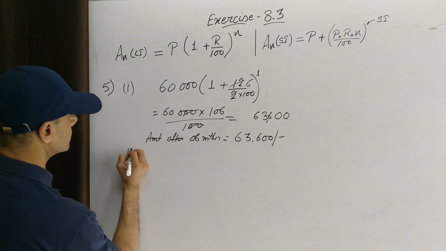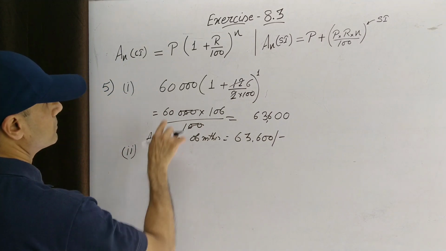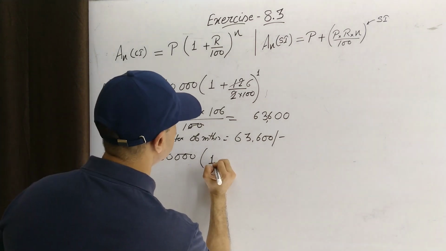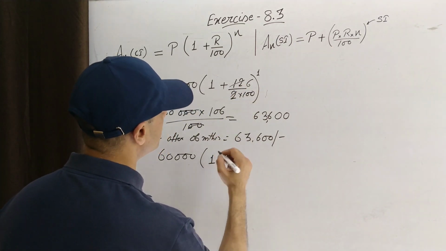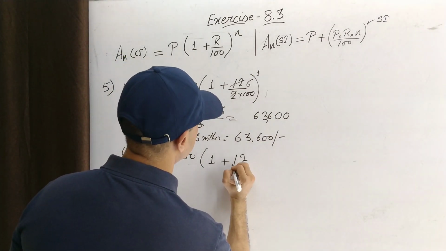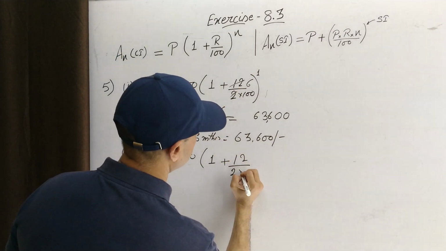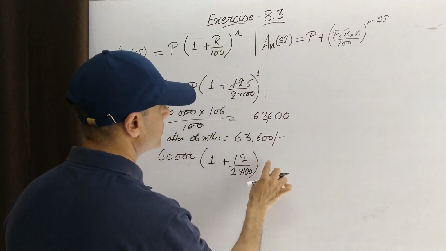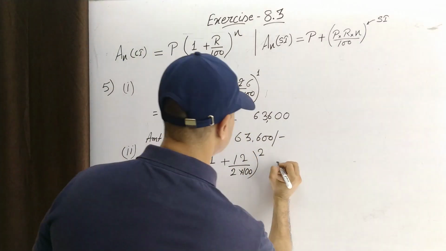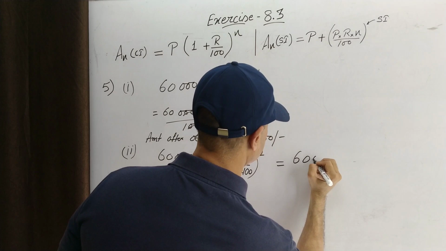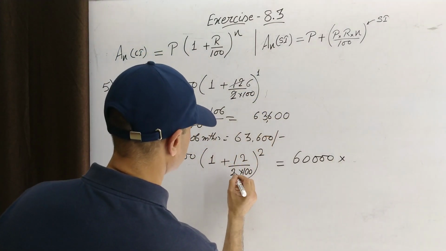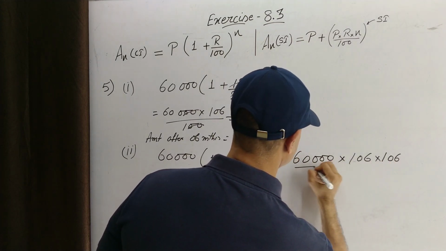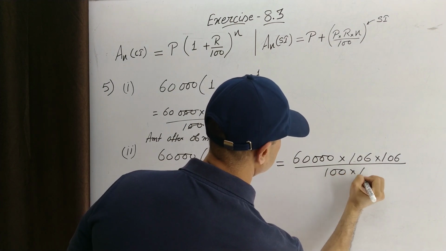Now, the second one, after 1 year. The principal amount is 60,000. This is at the rate of 12% per annum compounded half yearly. So the interest will reduce to 12 by 2 for a half year. And this is for 1 year, that is 2 half years. So n will be 2. When you calculate this, you get 60,000 into 106 into 106 divided by 100 into 100.